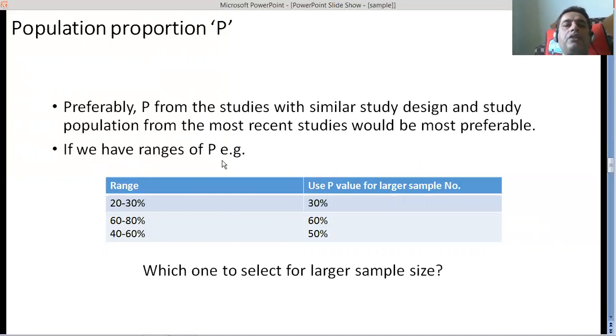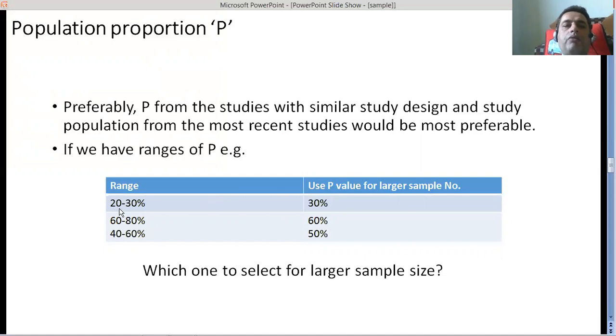If we have ranges of P, for example, a disease has been mentioned in the literature that its prevalence ranges from 20% to 30%, or from 60% to 80%, or 40% to 60%, which one to select for a larger sample size? You would select the value that would give you a larger sample size.